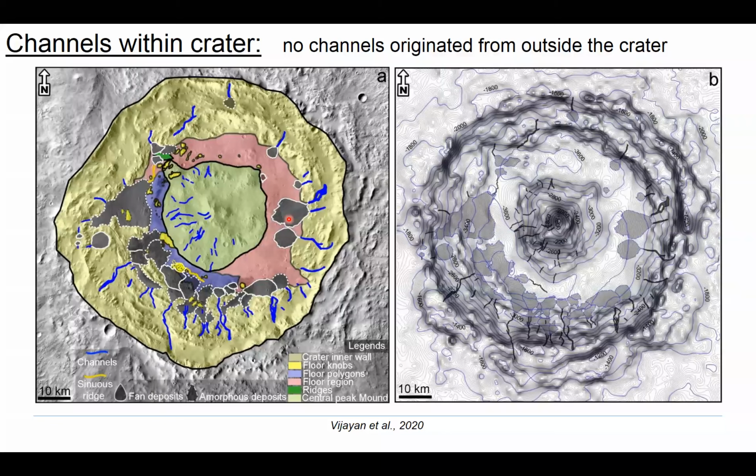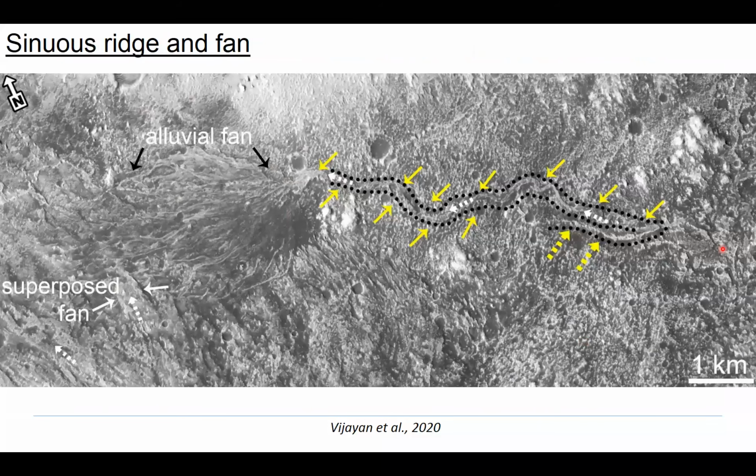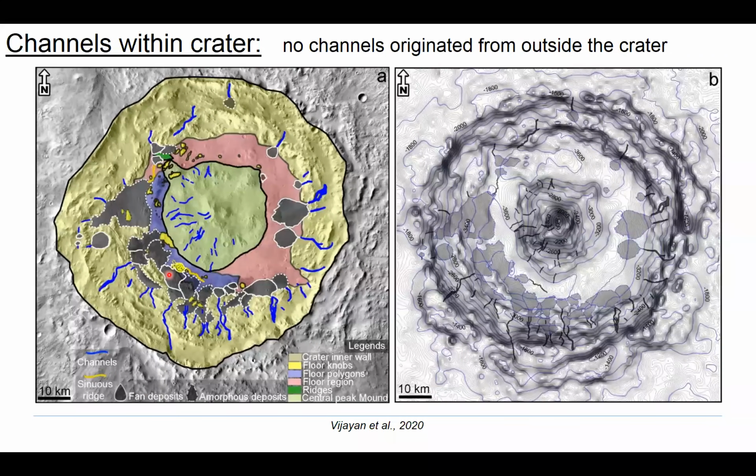What are those? This is one of the sinusoidal ridges which has been formed on the crater floor. That means it has formed in between the peak and the wall of the crater. It is a valley, a depression where the sinusoidal ridges are.